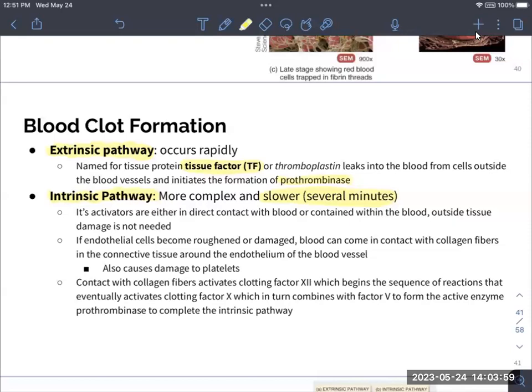So we don't need tissues around that blood vessel to be damaged for this to happen. So as I talked about, those endothelial cells get roughened on the inside of that blood vessel and get damaged. Underneath those endothelial cells is usually collagen. Those long, thick collagen fibers are usually found underneath those endothelial cells. Red blood cells stick to that collagen.